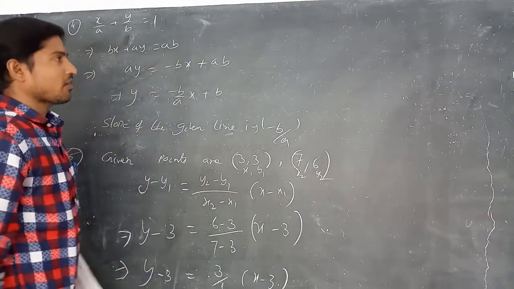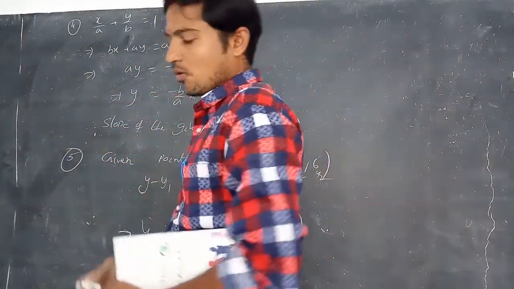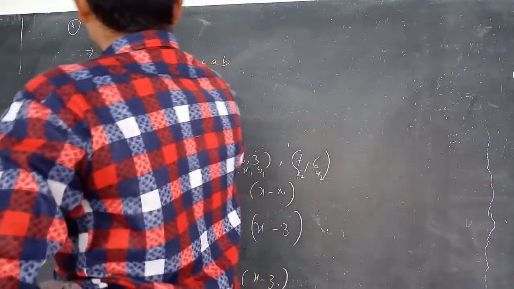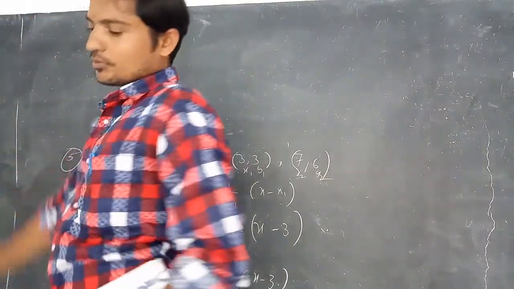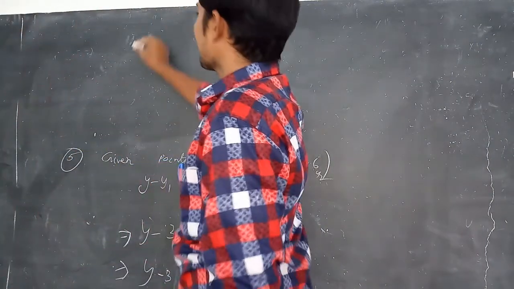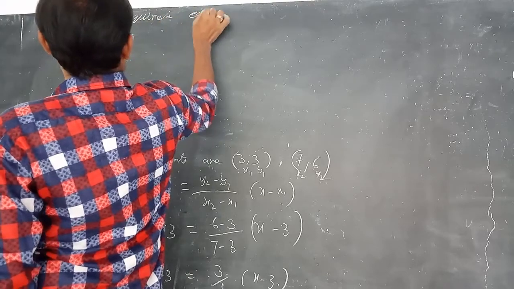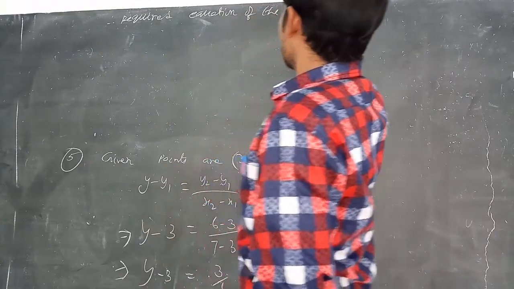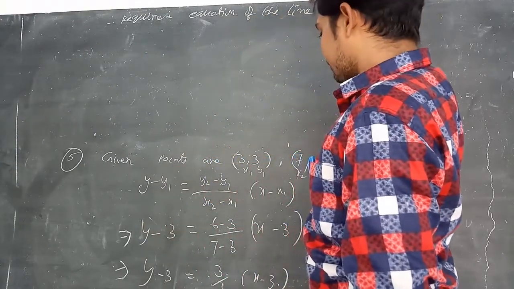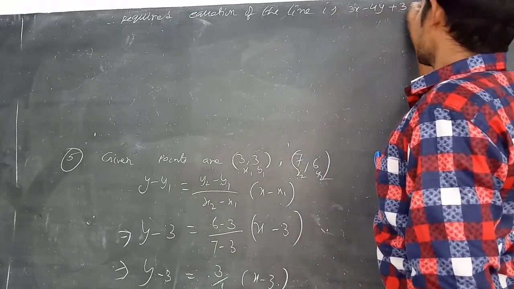This is therefore the required equation of the line: 3x minus 4y plus 3 equal to 0.